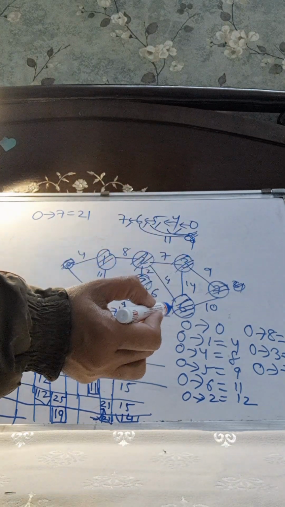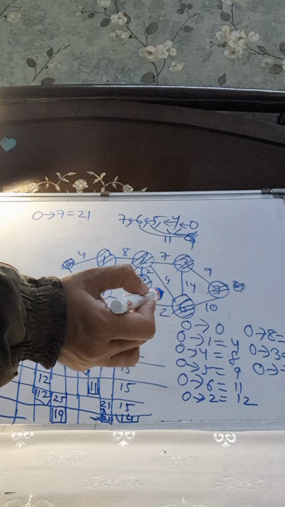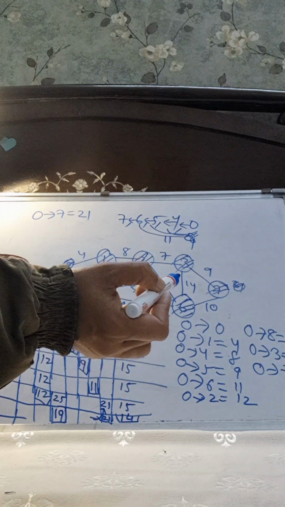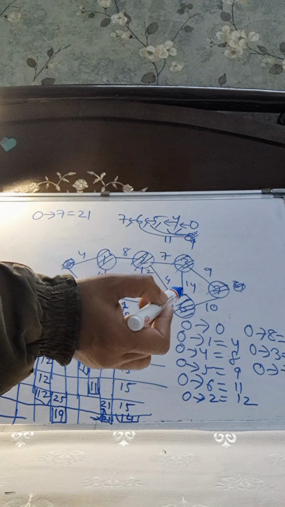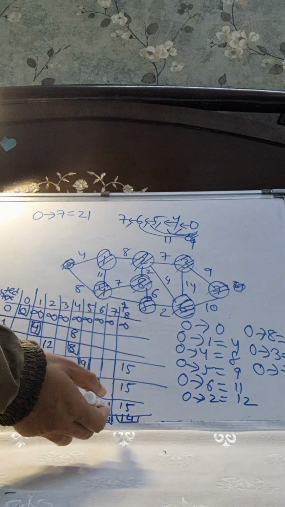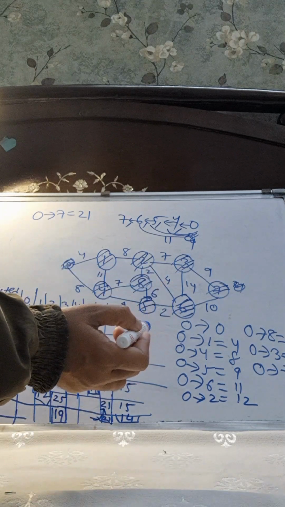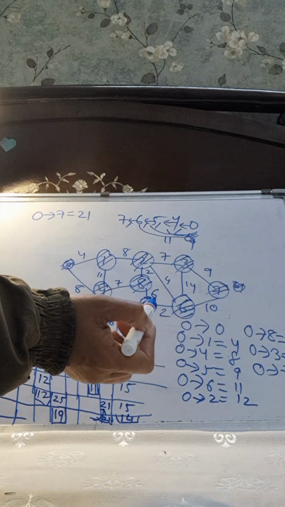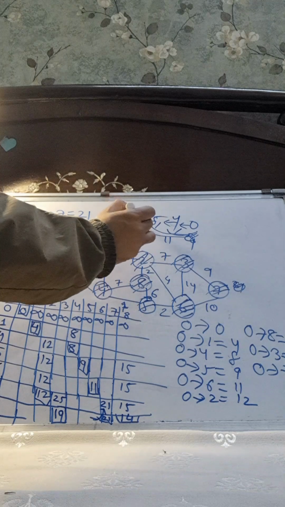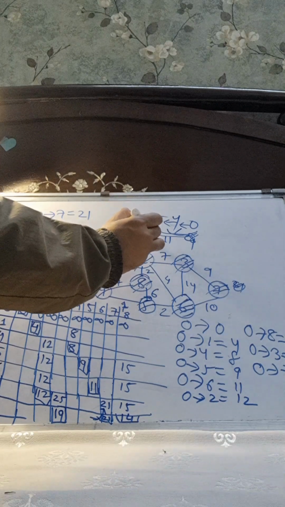And at last 0 to 7. And then 6 to 7, how much cost is there? It's 10. So the total cost is 11 plus 10, and that is 21.